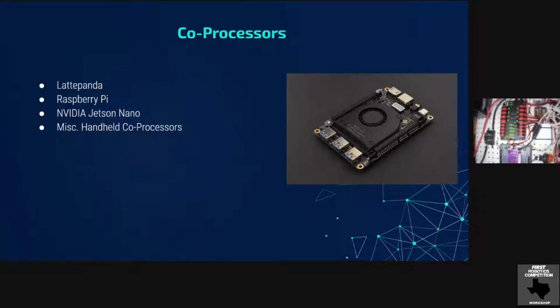We in the past have used a Latte Panda because it runs Windows, but there are Raspberry Pis, an NVIDIA Jetson Nano. Any small kind of handheld coprocessors would work. Again, just do your research and figure out what is more widely used in FRC, because the more widely used things are going to have more online resources that you can reference.